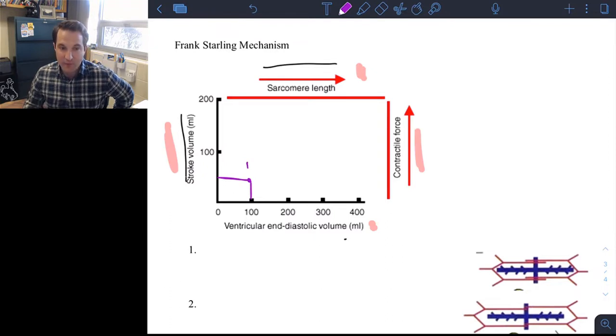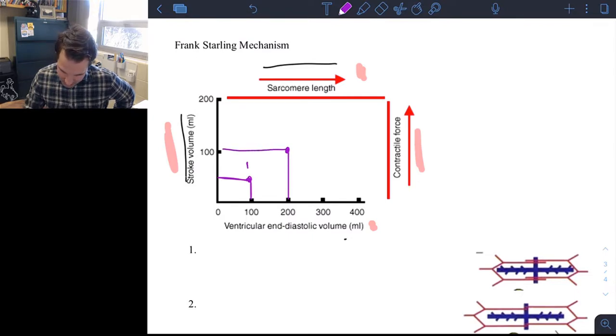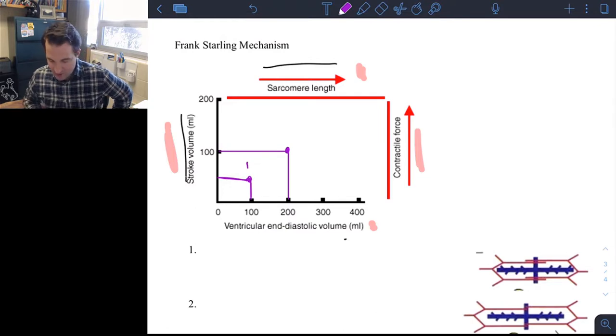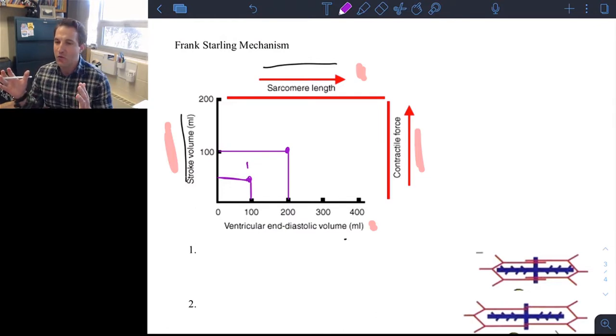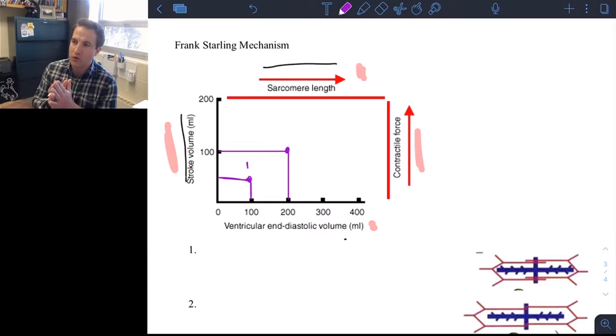Okay? Now, if we move up the curve to about 200, we can move up. Very nice. So now we've moved up. We have a higher end diastolic volume. And guess what? Because of that, we also have a higher stroke volume. As you stretch and fill this more, you're going to eject more blood.